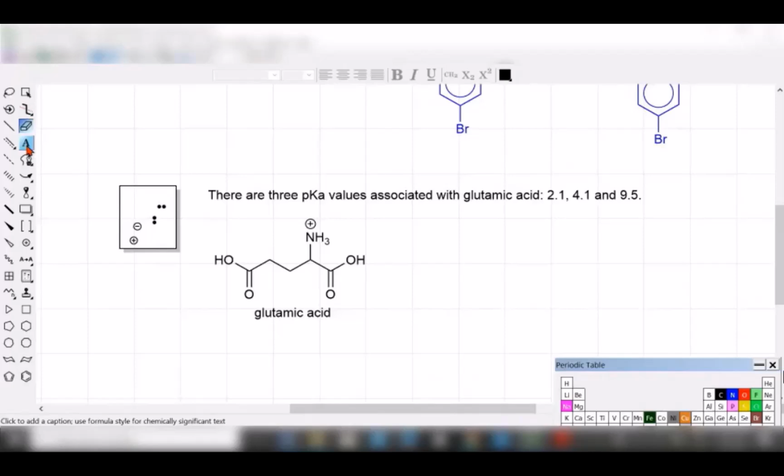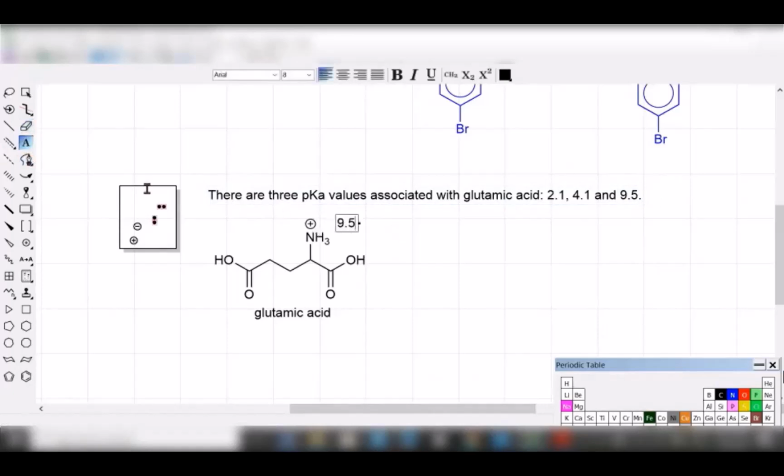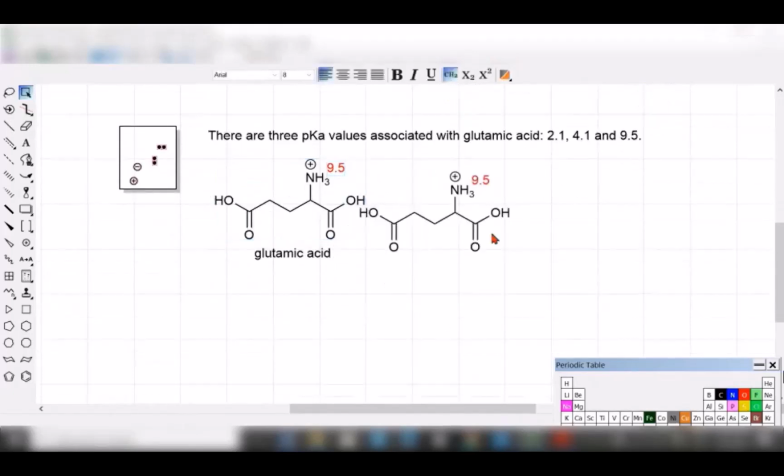Once you lose the H, the lone pair of electrons is naked, readily available to accept another proton. So carboxylate is a more stable conjugate base than an amine. So I will associate the highest pKa to ammonium. What about the other two? The other two need an interesting discussion.